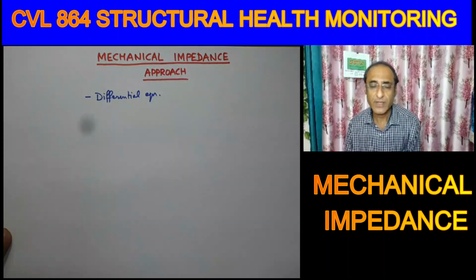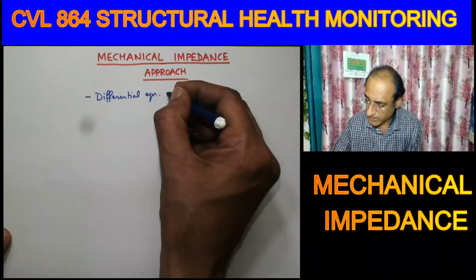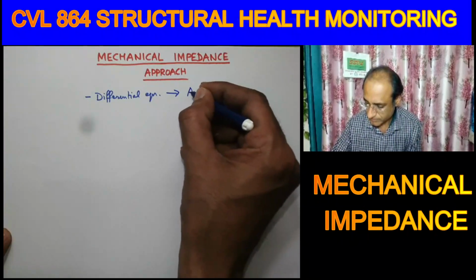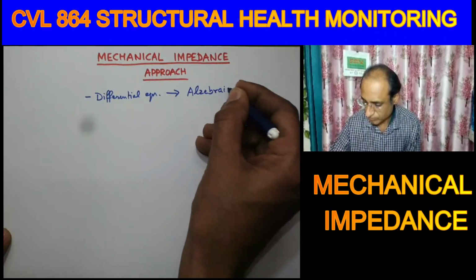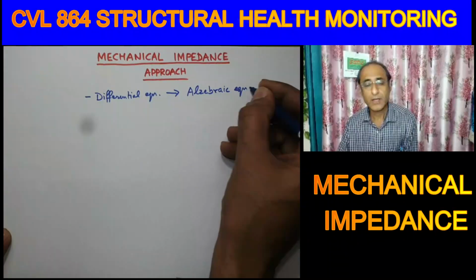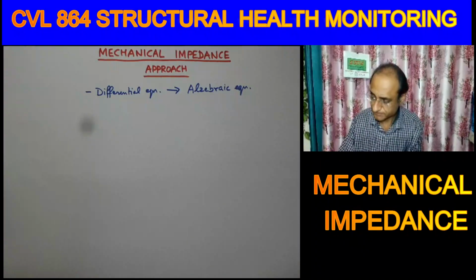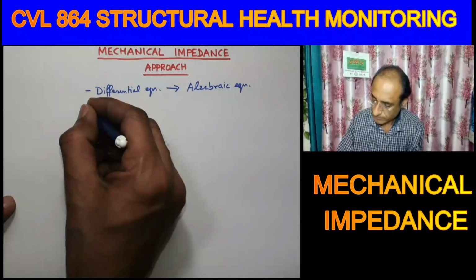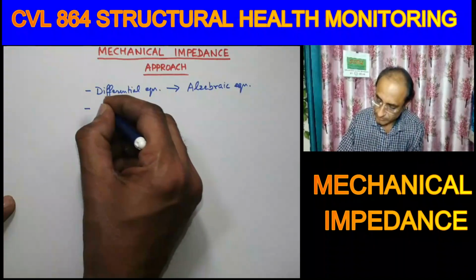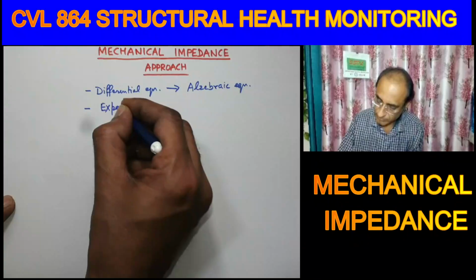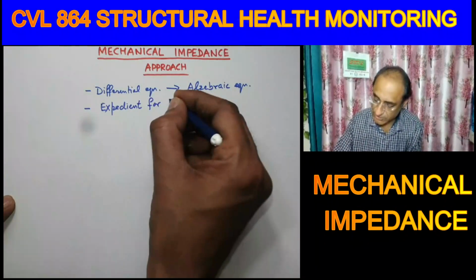It reduces a differential equation into a simple algebraic equation. And this is very expedient in the case of the EMI technique. We will study it in relation to the EMI technique.